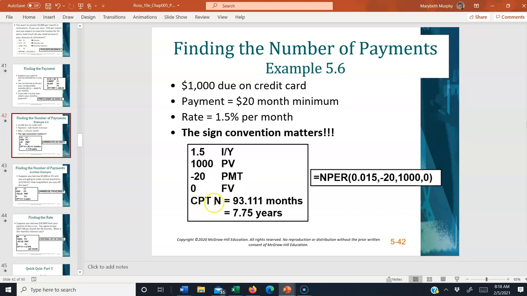We're going to CPT, and then it's going to come back and give you N is equal to 93.111 months, or 7.75 years.